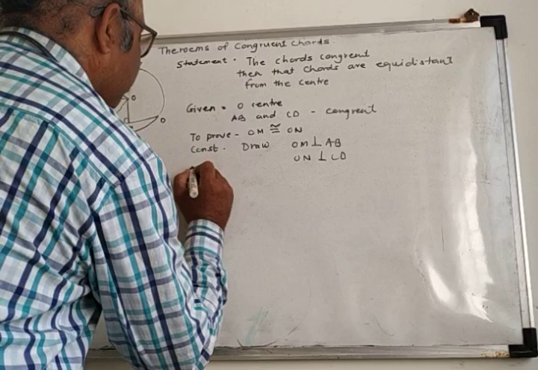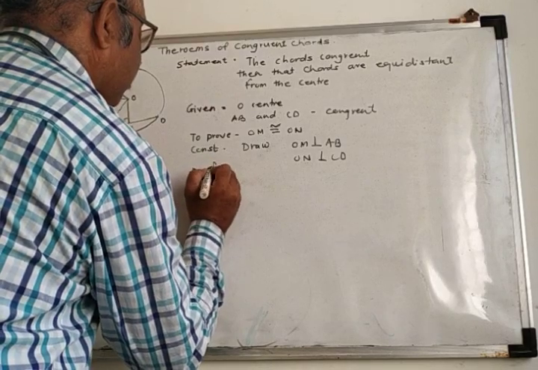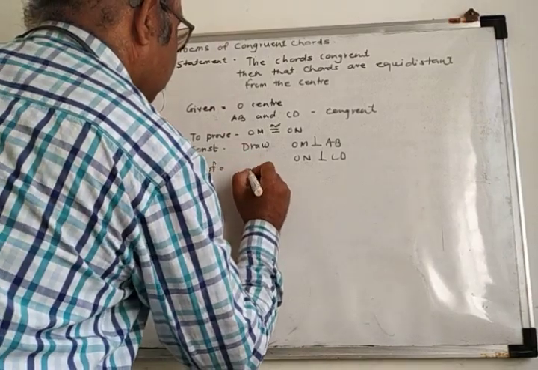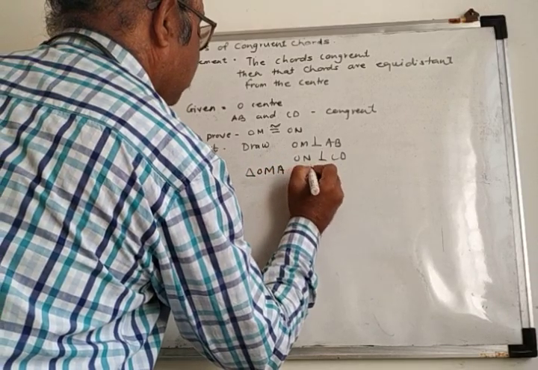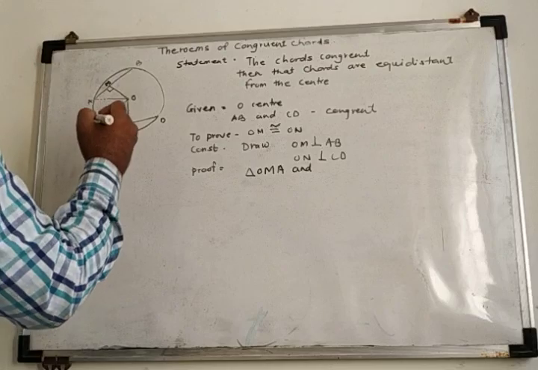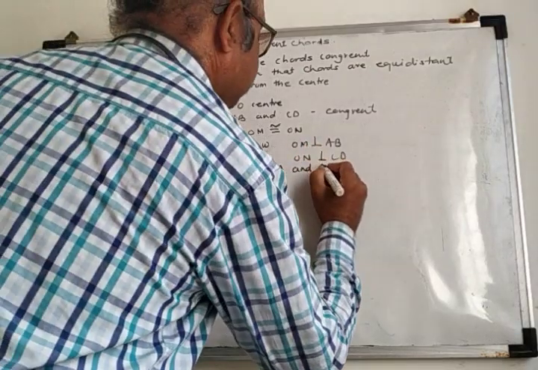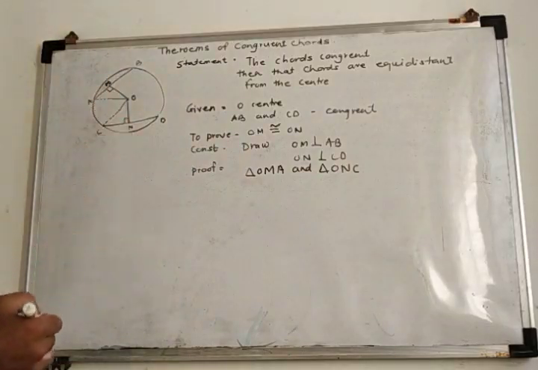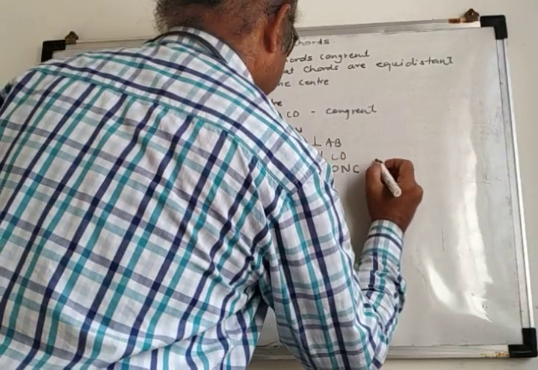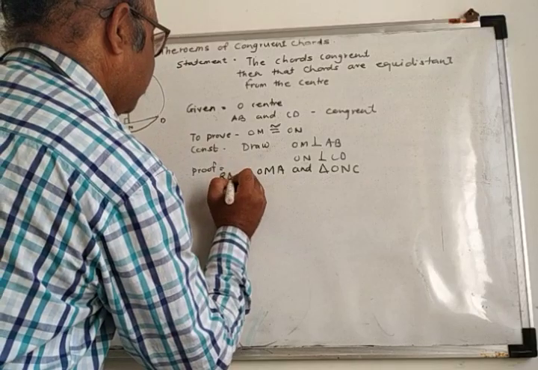In the proof, there are two triangles, triangle OMA and triangle ONC. As we drew perpendiculars, they are right angle triangles.